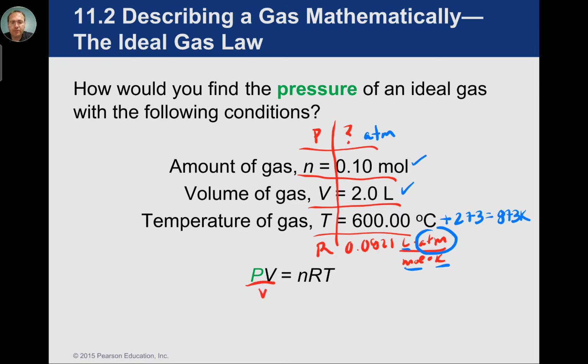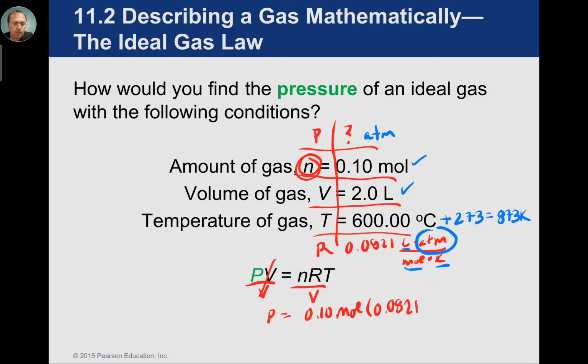So we're going to divide both sides by V. V's cancel. That's going to tell us that P equals n, which is right here in our chart. That's 0.10 moles. We have R, which is a constant.